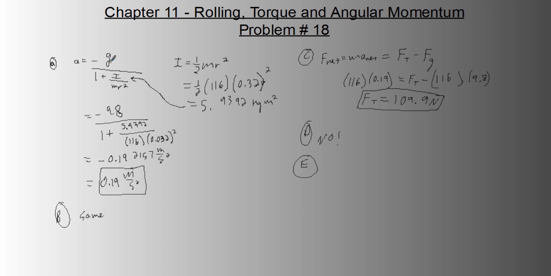Again, the acceleration does depend on the mass, but that cancels out here, right? This 116 and this 116 cancel, so nothing in this equation changes, so it's the same.